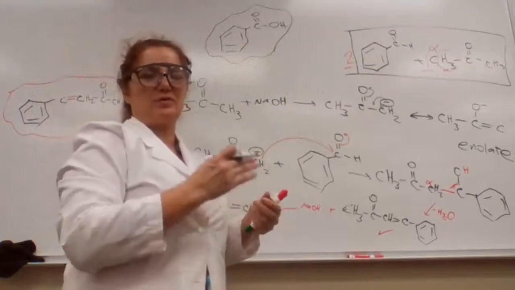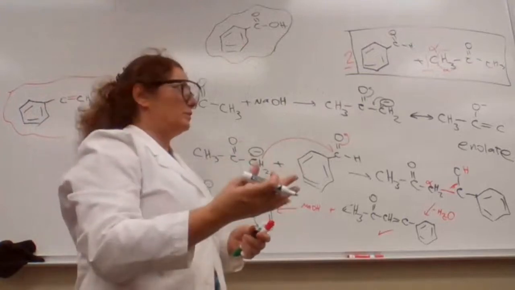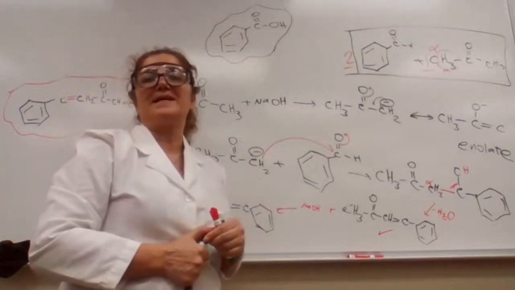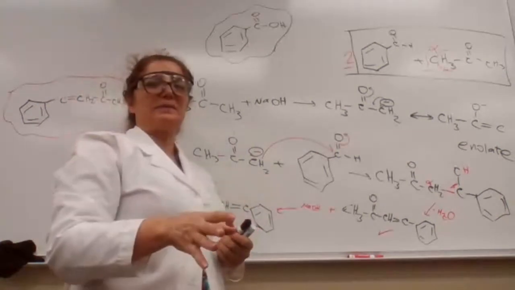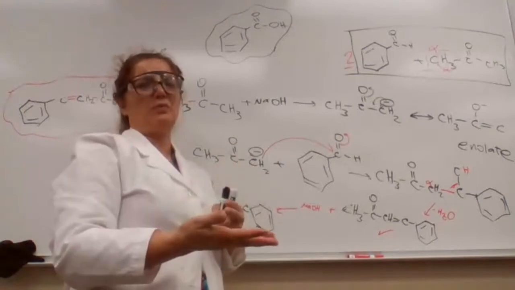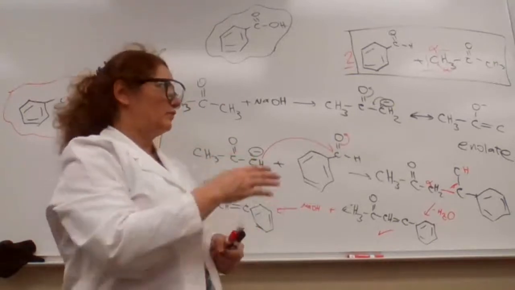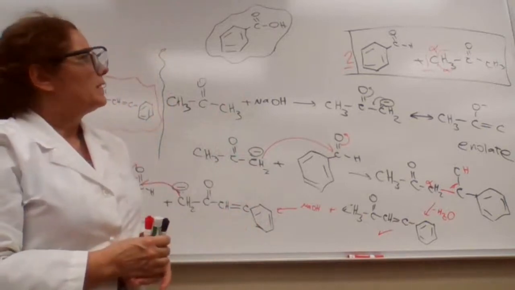So if you only put a 2 to 1 ratio, 2 moles of benzaldehyde, 1 mole of acetone, you may not have enough of the benzaldehyde. So that's why, based on the procedure, I'm using slightly more, so 2.2 or at least 2.1 moles of benzaldehyde for every mole of the acetone.